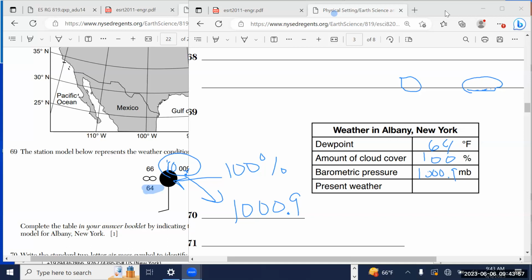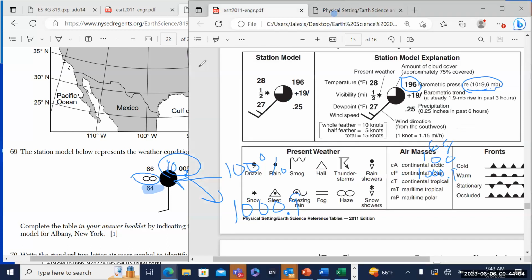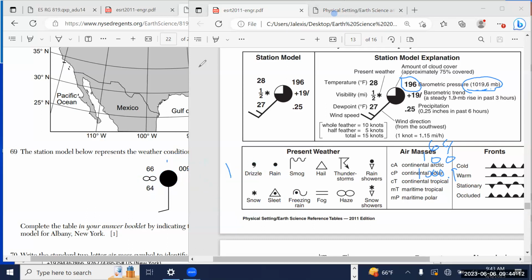The present weather located here is this symbol. If you take a look at your reference tables, the present weather symbol is going to be that symbol directly to the left.